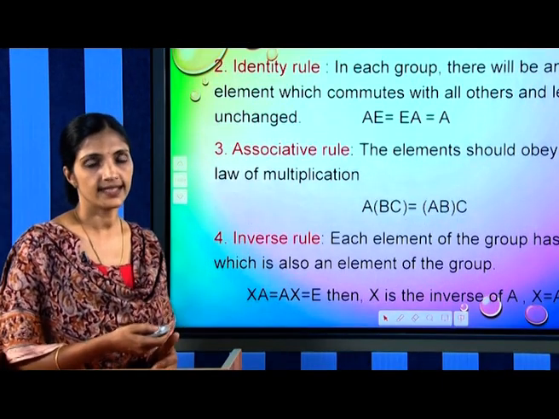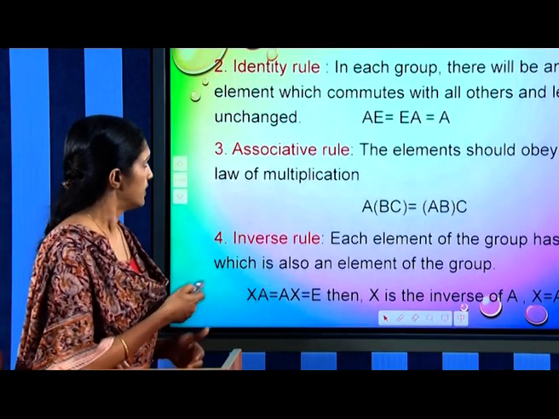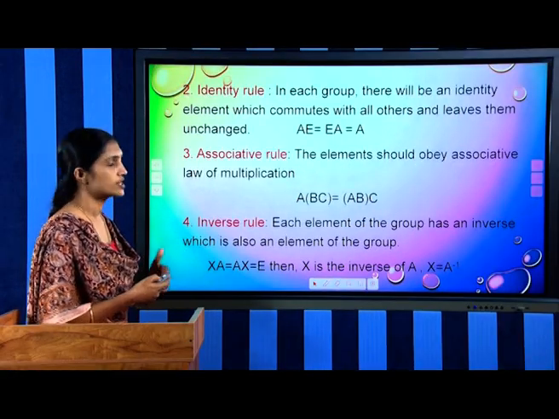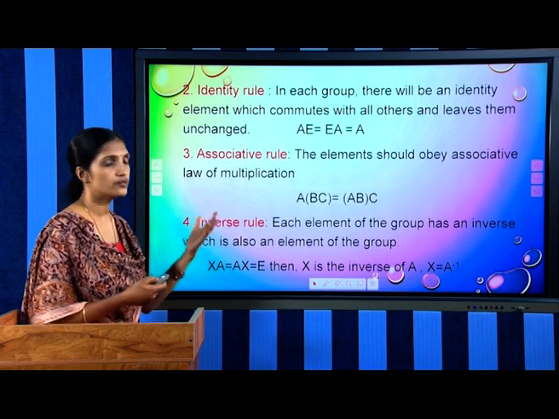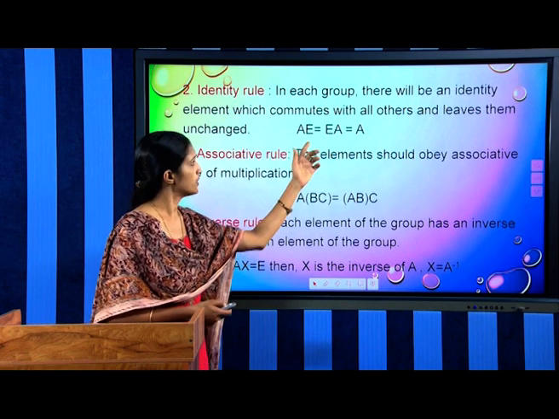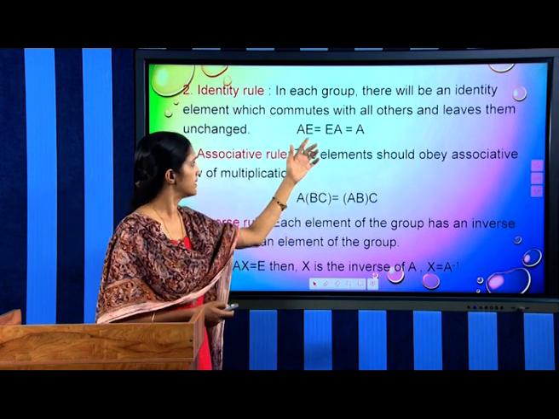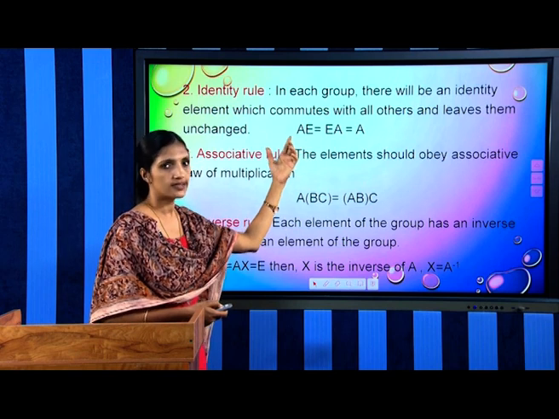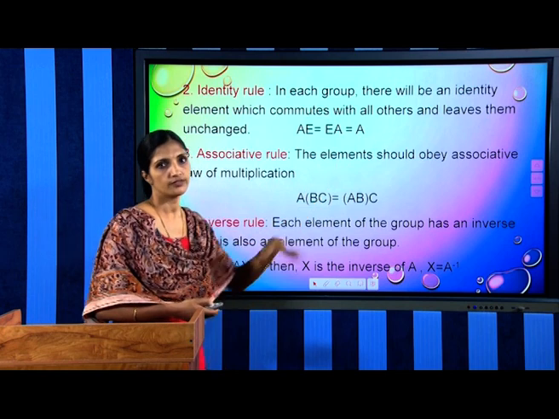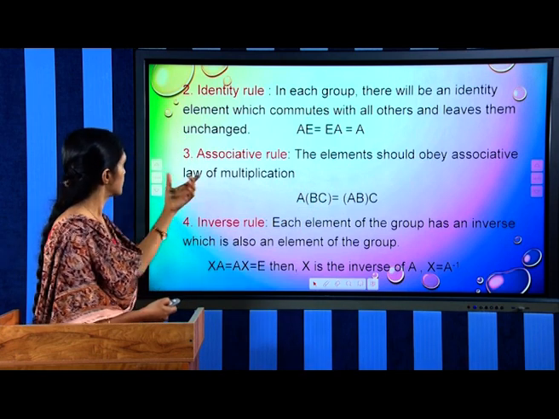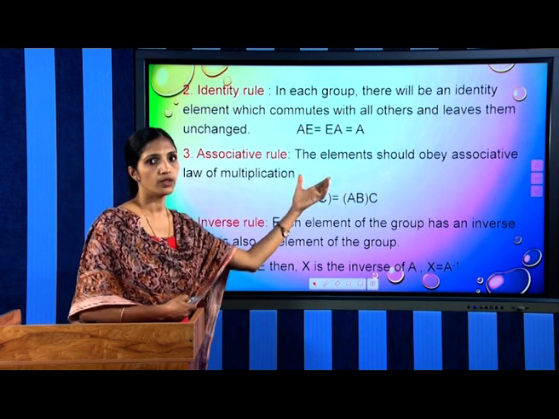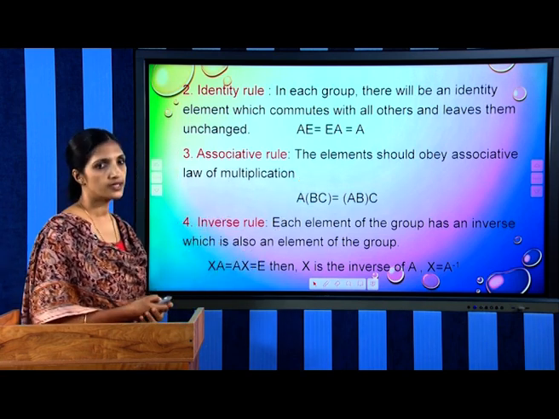The second one is the identity rule, that in each group there will be an identity element which commutes with all others and leaves them unchanged, such that A into E is equal to E into A is equal to A. That means this identity operation does nothing to the molecule and the molecule retains its configuration. Clear? The third one is the associative rule, so that the elements should obey the associative law of multiplication.